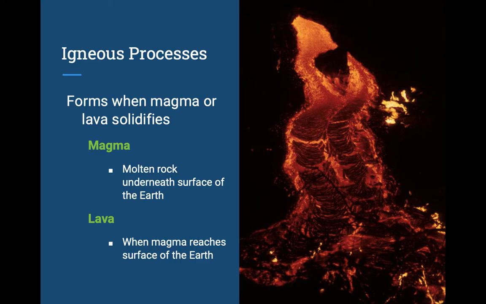If it's underground and it's incredibly hot and it's liquid rock, it's magma. As soon as that magma works its way up enough to break through the surface and come out onto the surface so we can see it, like this image here would show, we call that lava. So magma and lava are the same idea in that it's molten rock, but magma is simply molten rock that's underground. Lava is molten rock that's above ground. Okay? Hopefully that makes sense.